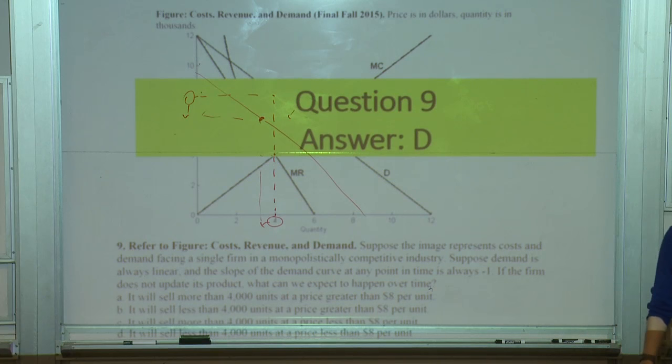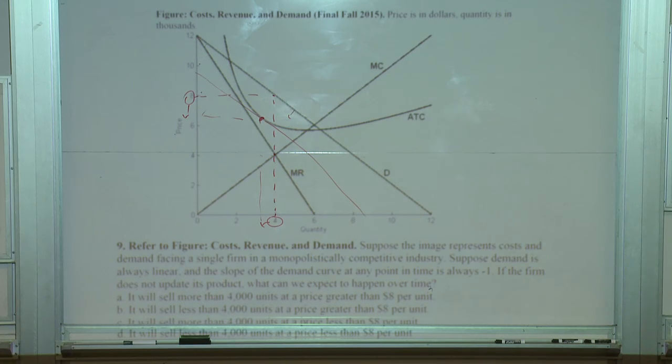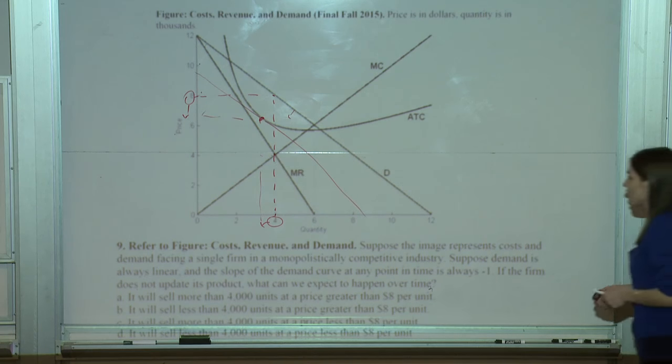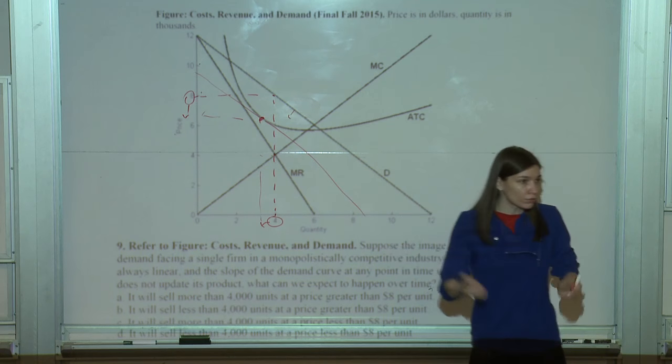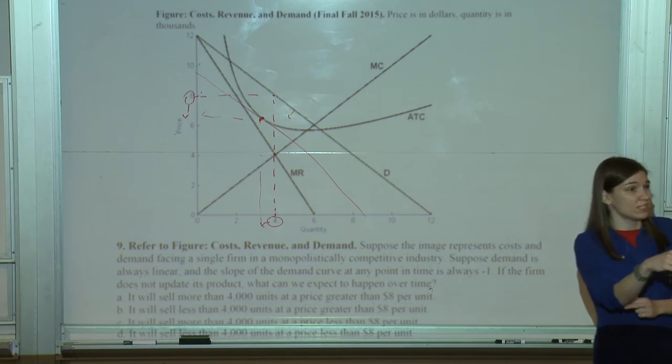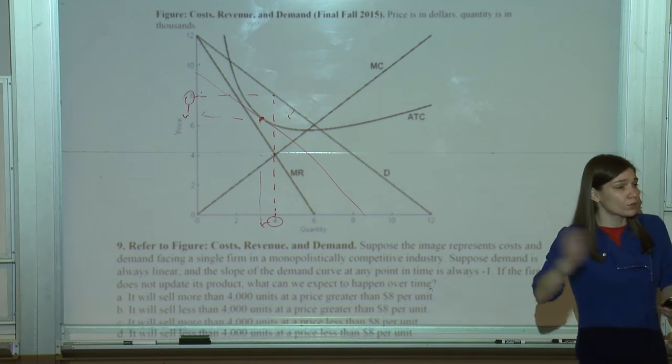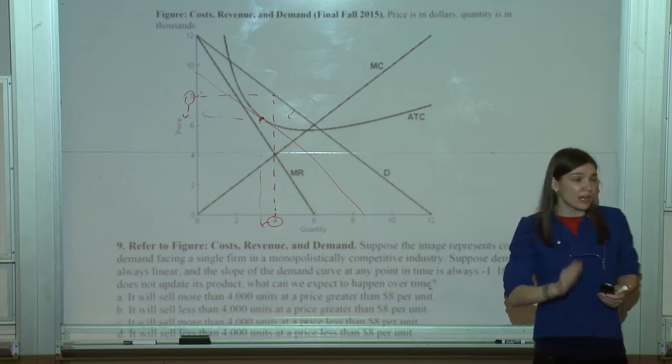Question? So all that really happens is that since it's a monopolistically competitive industry, the demand curve is going to shift left, which drives the price down and the quantity that they sell down. The question is to explain again what's going on. In the short run, because they're making a profit, more firms are going to enter. Entry was not allowed in monopoly.